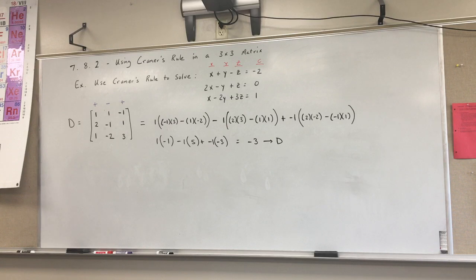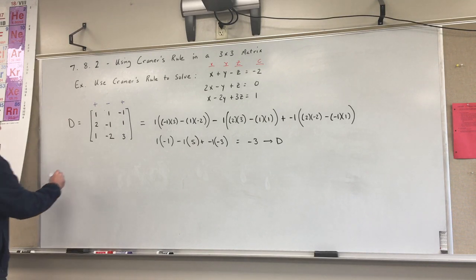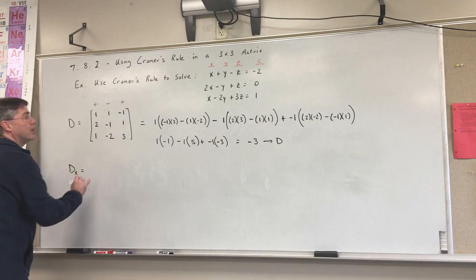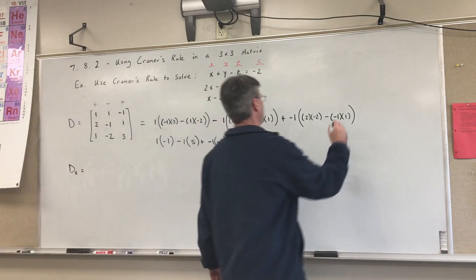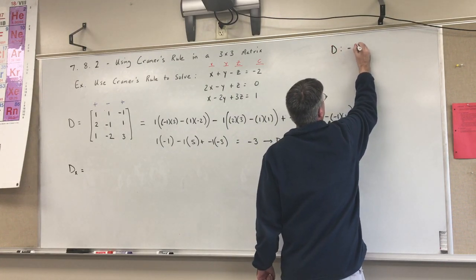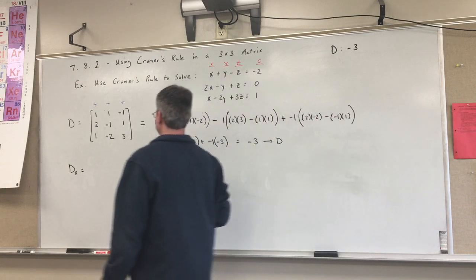Now I've got 3 more matrices to make, and I won't be able to fit all of those on the board. So I think you can see I'll make D sub x, and then I'll erase and get D sub y and D sub z. So let's go ahead. I'm going to write up here, our matrix D is -3.